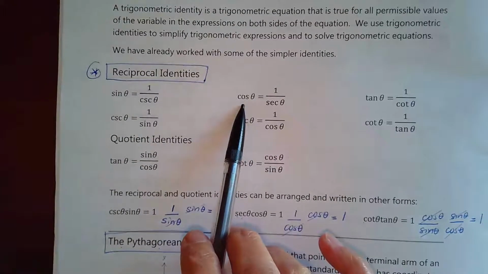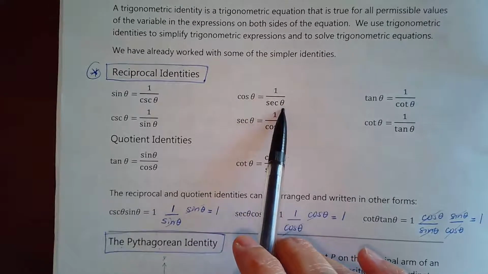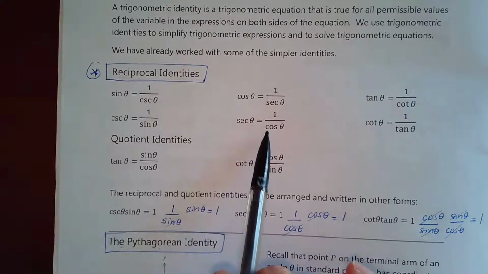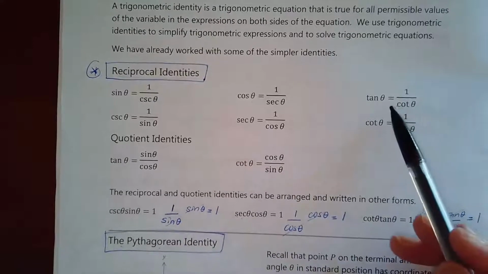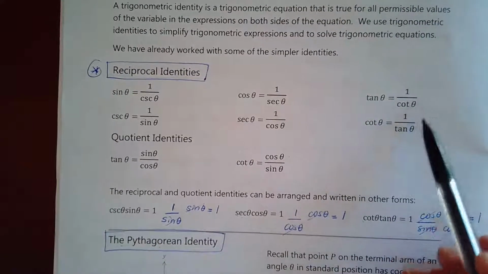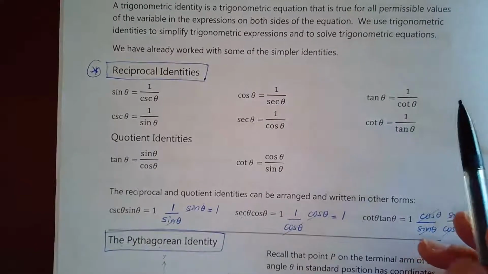Cosine theta, we can write as 1 over secant theta, and secant theta we can rewrite as 1 over cos theta.